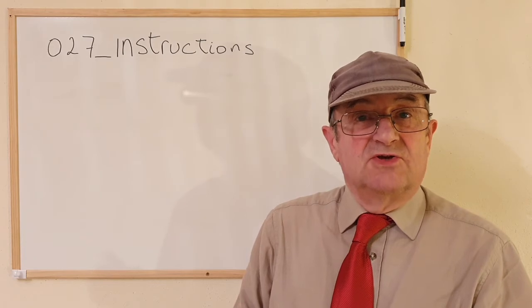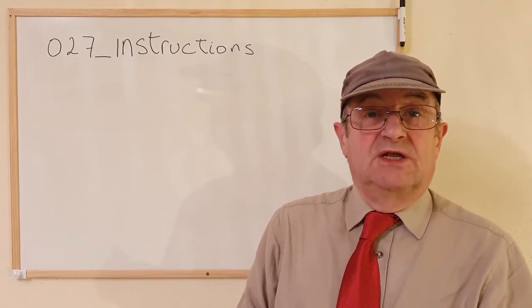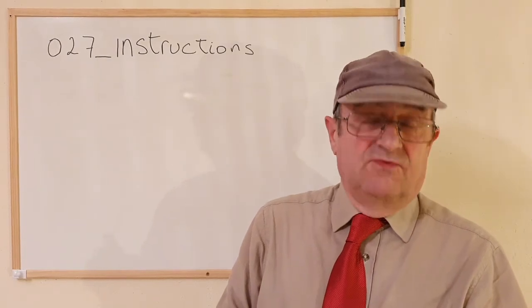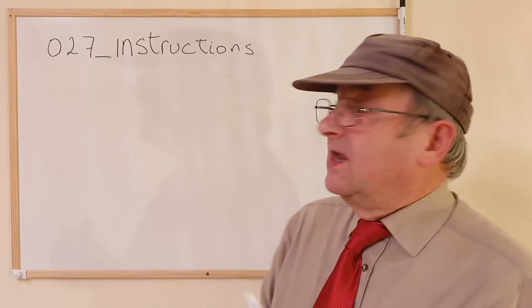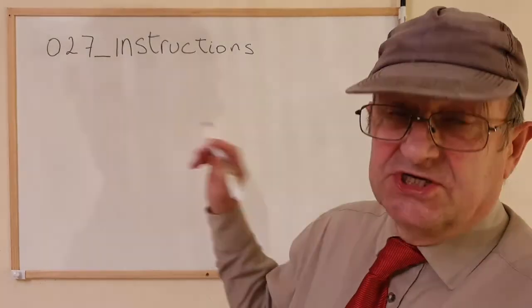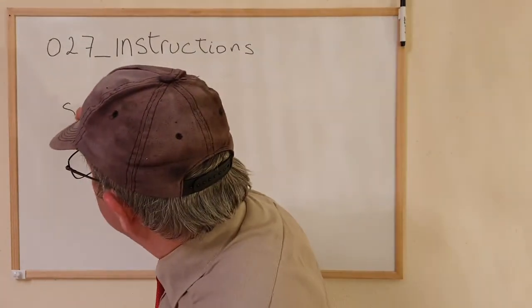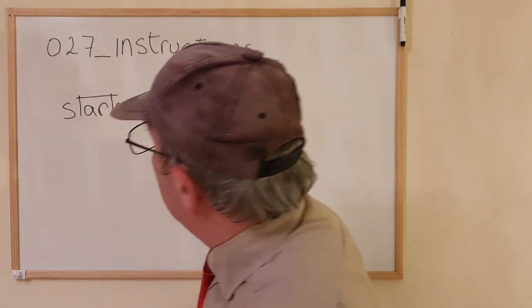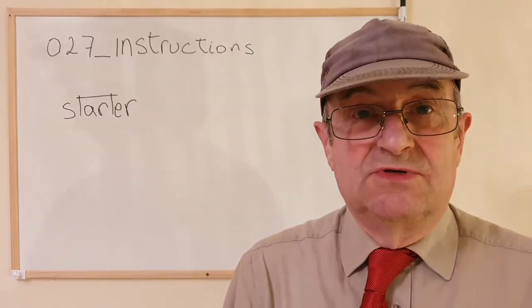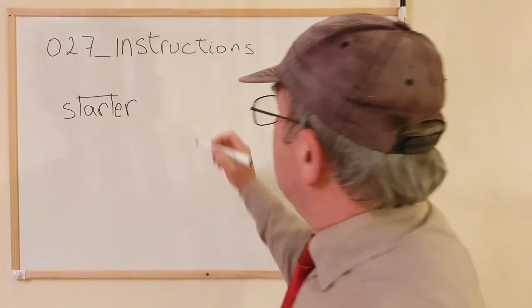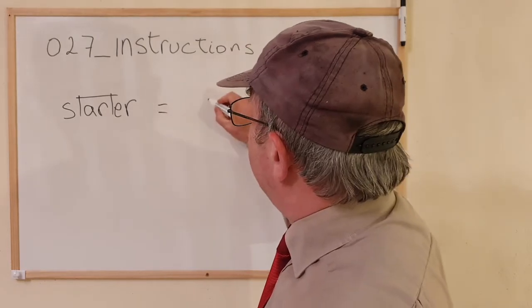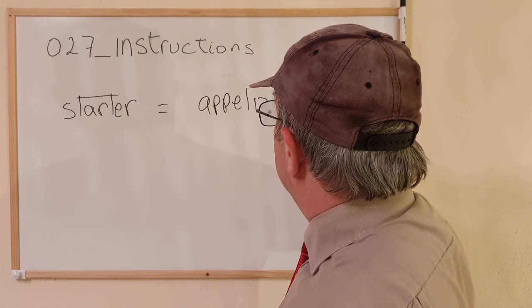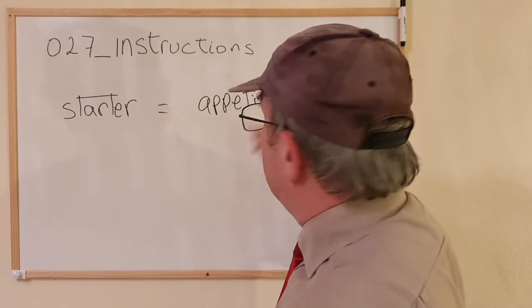Sometimes in different countries, although they speak English, they use different words for the same thing. So, for example, in British English, the word starter, which is what you eat at the beginning of a meal, is the same as appetizer in American English.